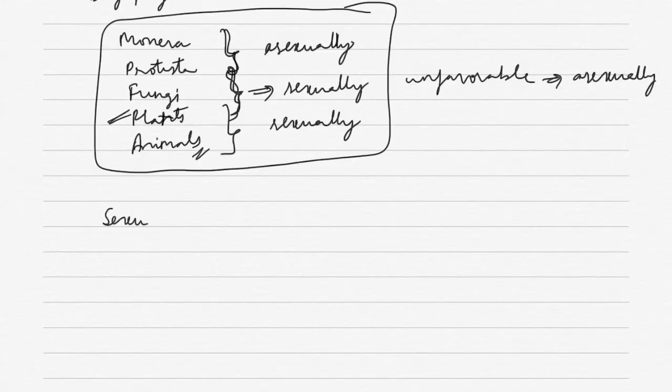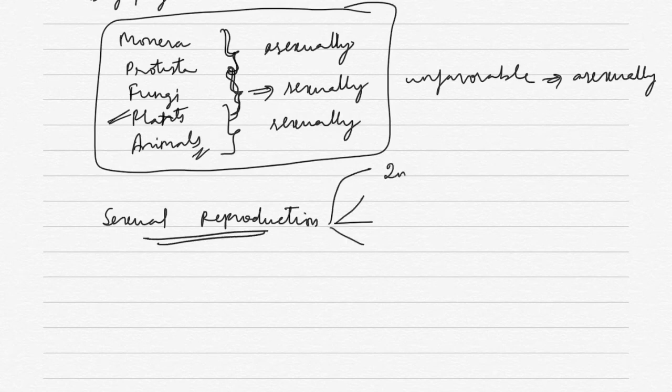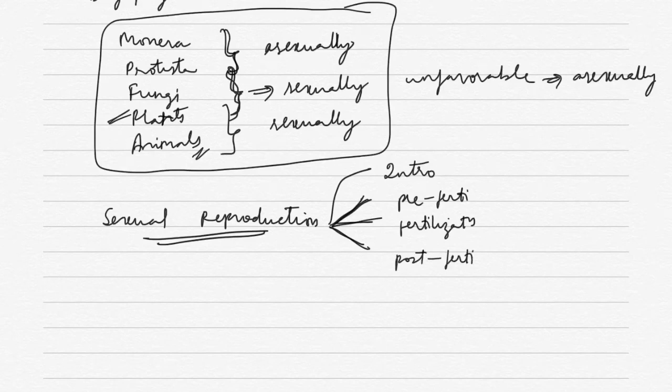Now coming to sexual reproduction, we have sexual reproduction in the chapter being divided into three parts. That is, we have introduction to sexual reproduction, then sexual reproduction is divided into three stages. The first one being pre-fertilization, second being fertilization, third post-fertilization.